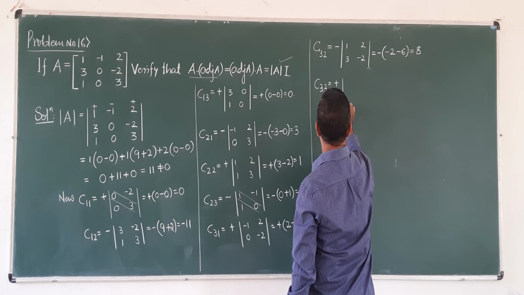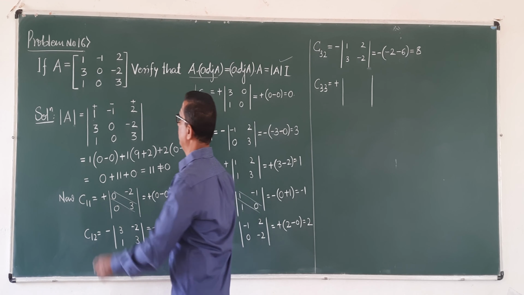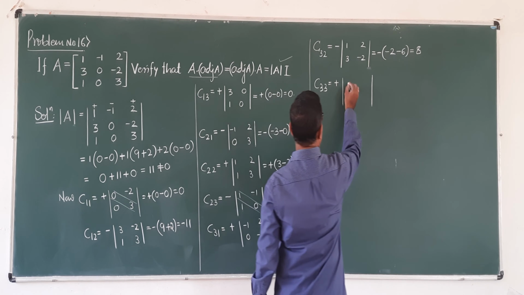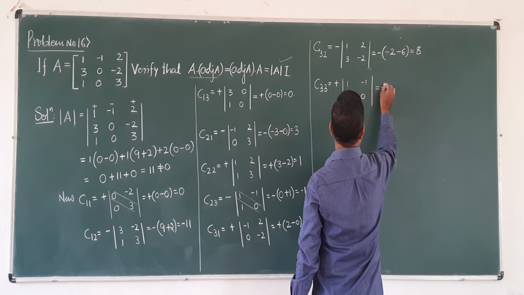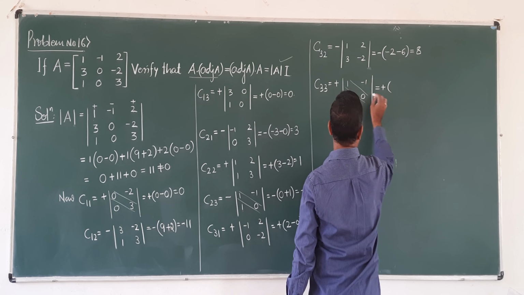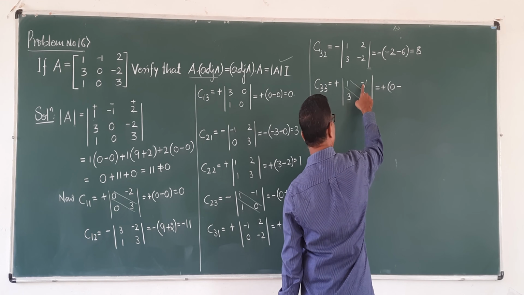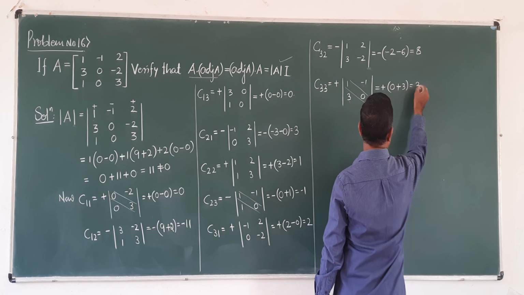C33: 3 plus 3 is 6, positive. Deleting the third row and third column, we get 1, minus 1, 3, 0. Expand: 1 into 0 is 0, minus 3 into minus 1 is minus, minus into minus is plus, so 3.